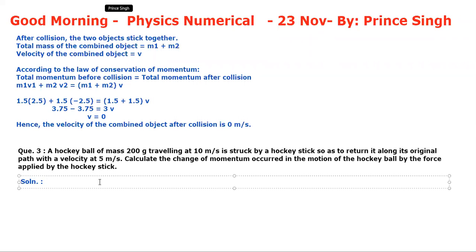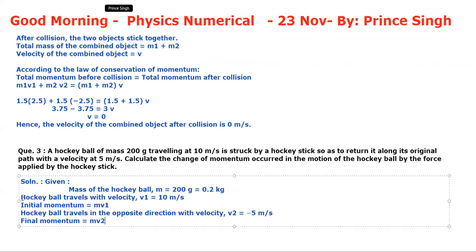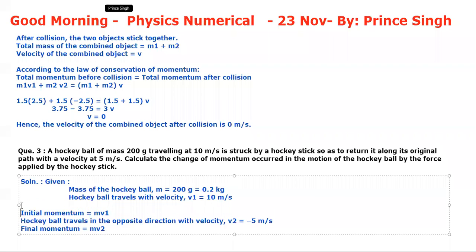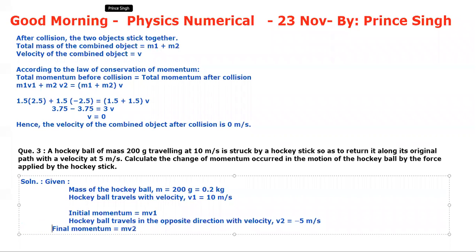Given data, very good. So given here is mass of hockey ball, velocity of hockey ball, initial momentum, the final velocity of hockey ball, and final momentum that we have to find out.